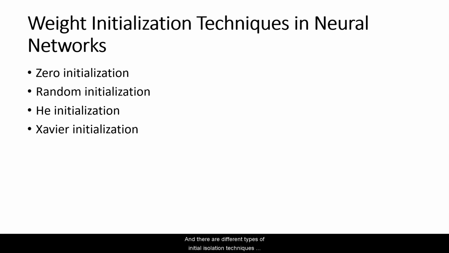There are different types of initialization techniques which you can use, depending upon your problem statement: zero initialization, random initialization, He initialization, and Xavier initialization. These are some of the important concepts which I expect everybody to know at this point in time.